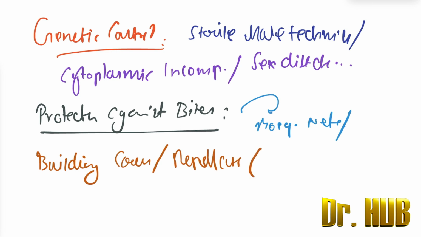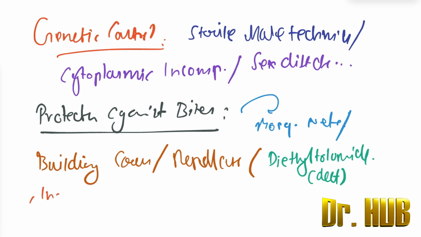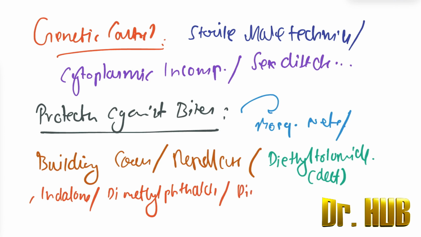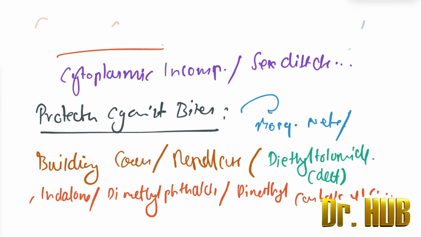Repellents include diethyl toluamide, which is nothing but DEET. Next comes indalone, then dimethyl phthalate, then dimethyl carbate. These are to name a few.